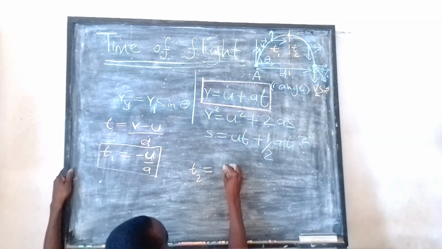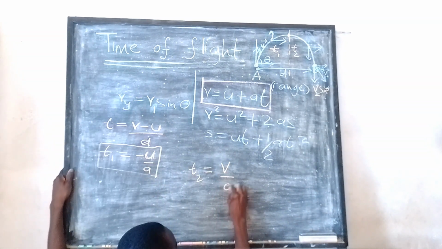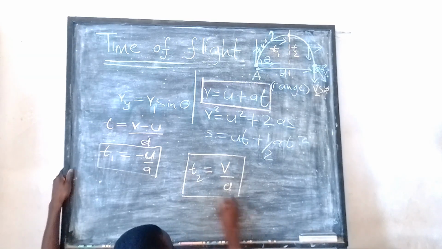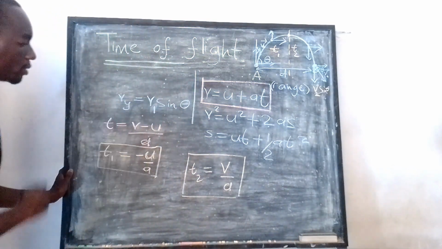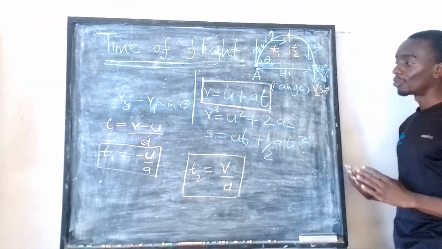So t2 is equal to v over a. This is our formula for t2, the other half of the time of flight.